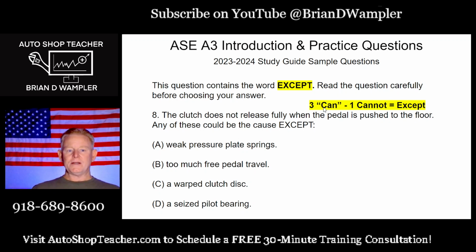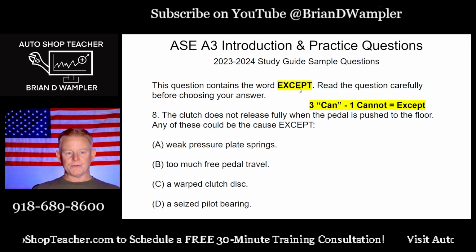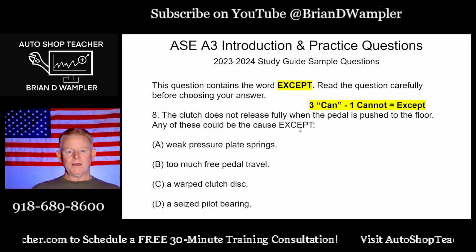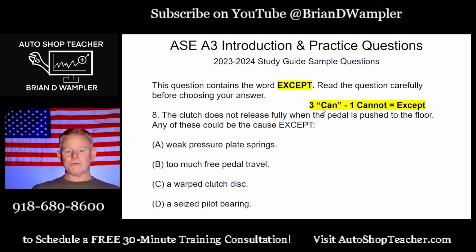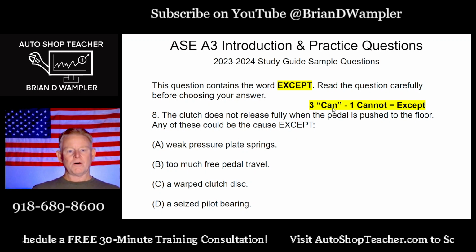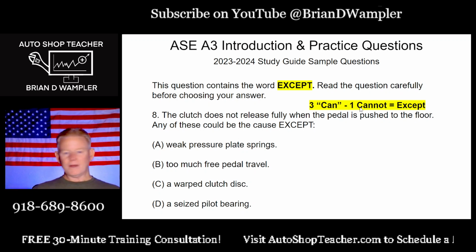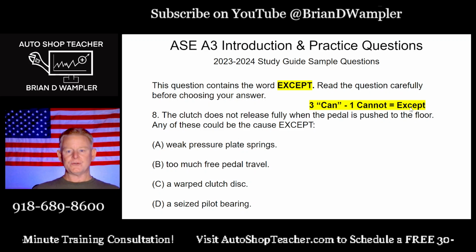So my take on that: when you see the word except in an ASE question, you're going to read a statement, like I will here in a minute, and then read through the answers, looking for the three that can cause what they're describing. And there's going to be one that cannot cause what they're describing, and that is your except.